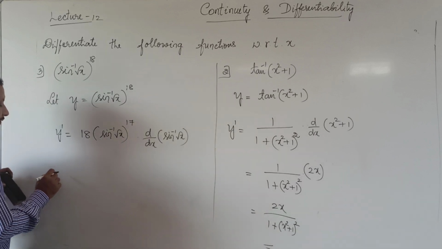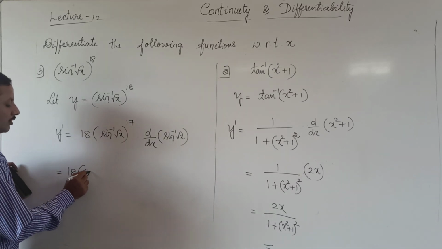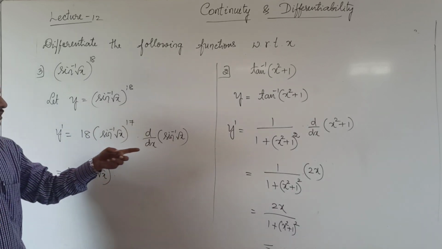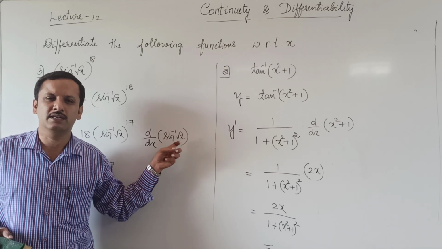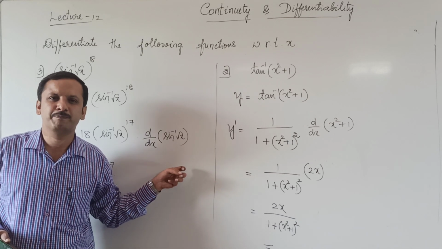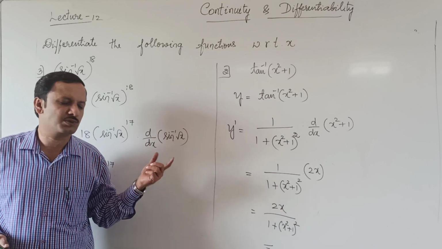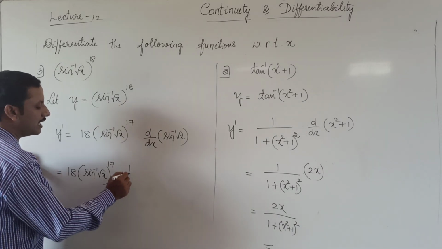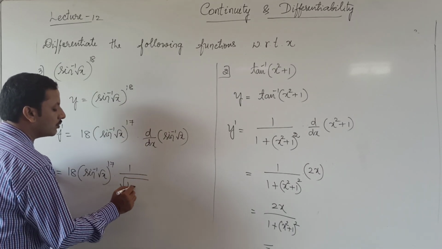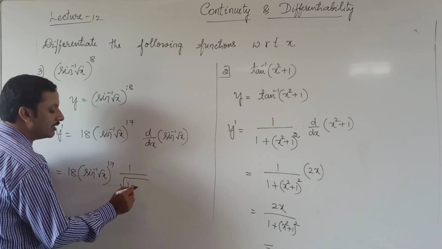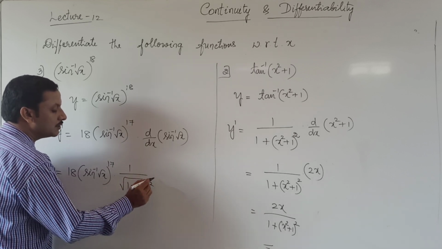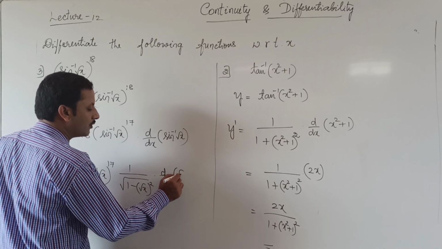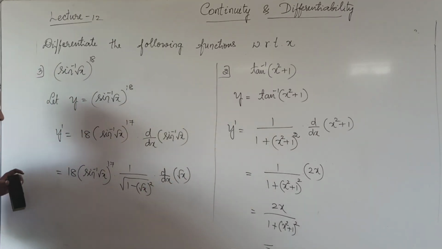That's equal to 18 into sin inverse root x whole power 17 into the derivative of sin inverse root x. What is the derivative of sin inverse x? 1 by root 1 minus x square. So now in place of x we have root x. So the derivative of sin inverse root x would be 1 by root of 1 minus root x whole square, into the derivative of root x.